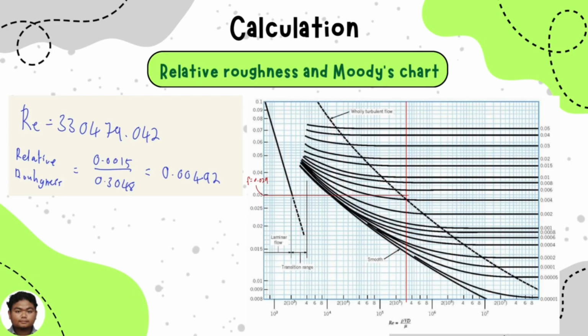For relative roughness, we use the surface roughness, that is 0.0015, over the diameter, that is 0.3048, and the answer we got is 0.00492. After referring to the Moody chart, we get the friction factor equals 0.029.